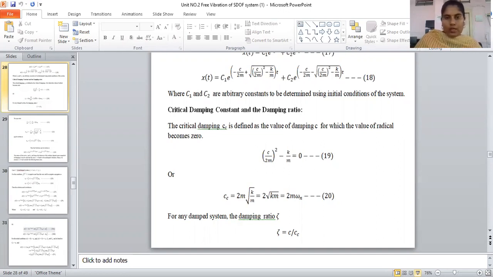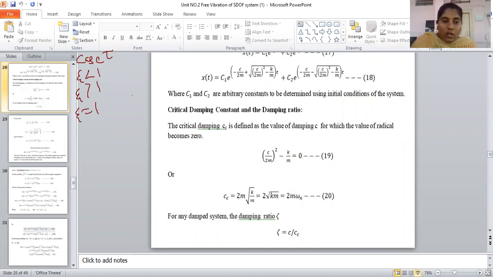Now we'll move towards the next step, that is, the three cases about the damping. One is the under damped system, second is the over damped system, and third is the critically damped system. I will show you what these three cases are, based on the value of zeta. Case number one is where zeta is less than 1, then zeta greater than 1, and zeta equal to 1.